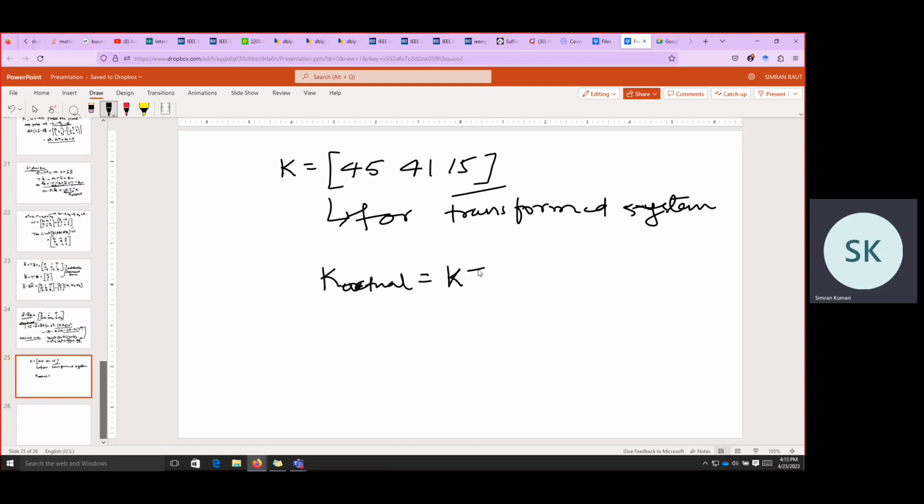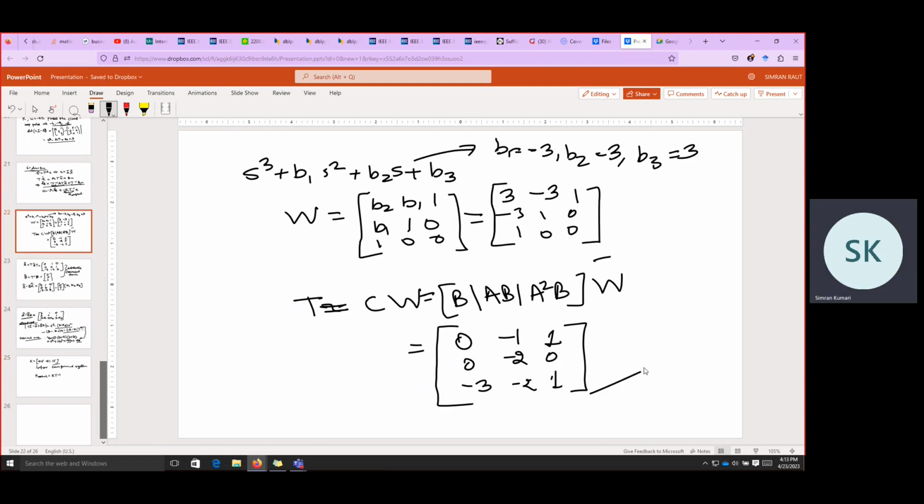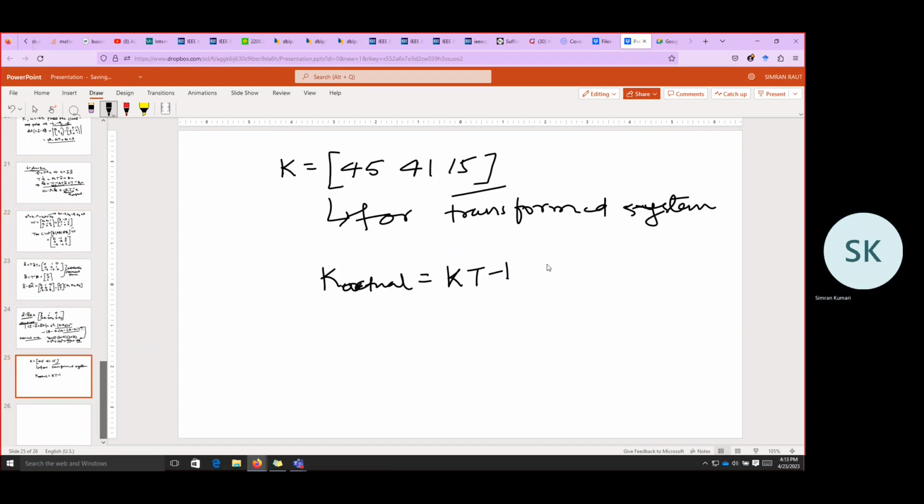This will be equal to k t inverse. The T matrix we have found out, this is this one. Once we do this, we get 30, minus 20.5, and 15.